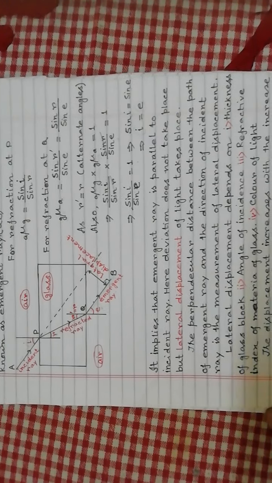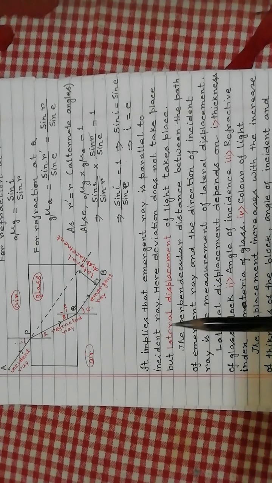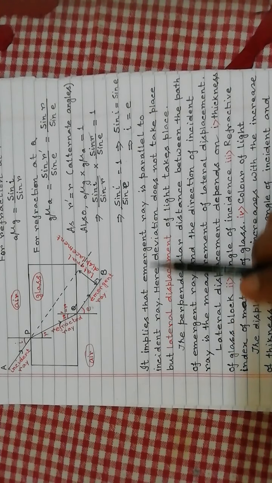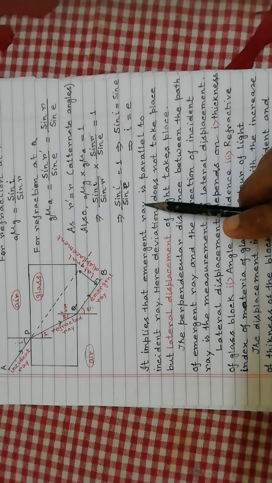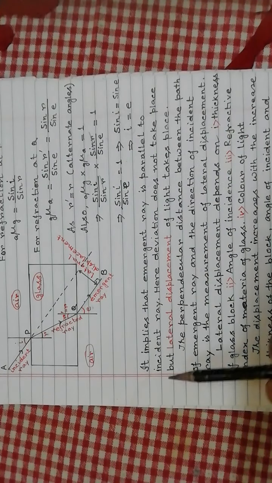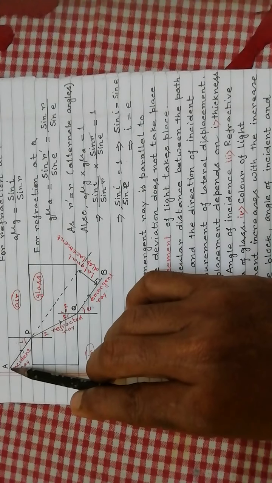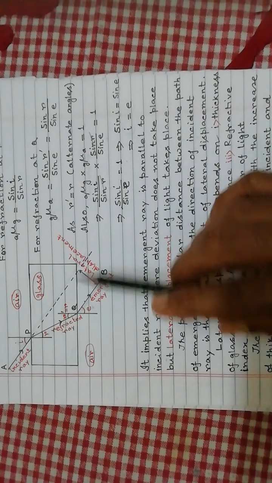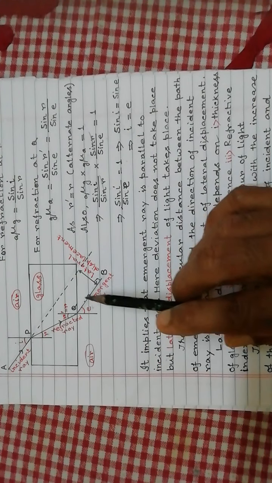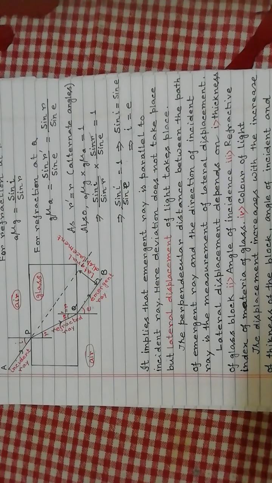This implies what? It implies that the emergent ray is parallel to the incident ray. That is the path of the incident ray, and this is the emergent ray. They remain parallel to each other. That means no angular deviation takes place for the light.